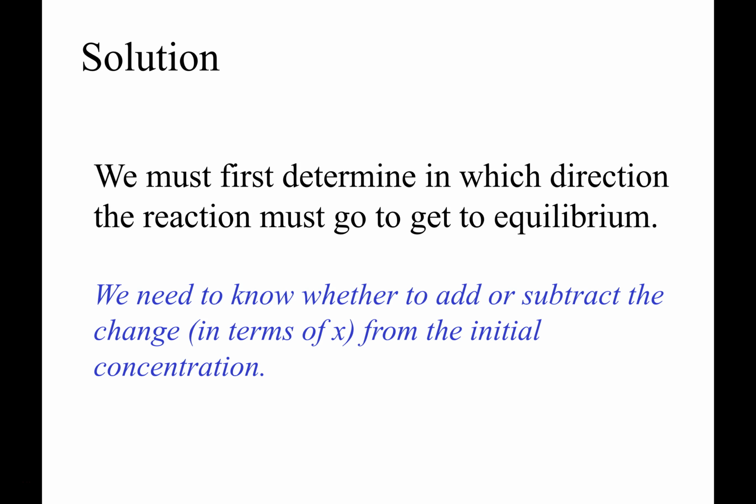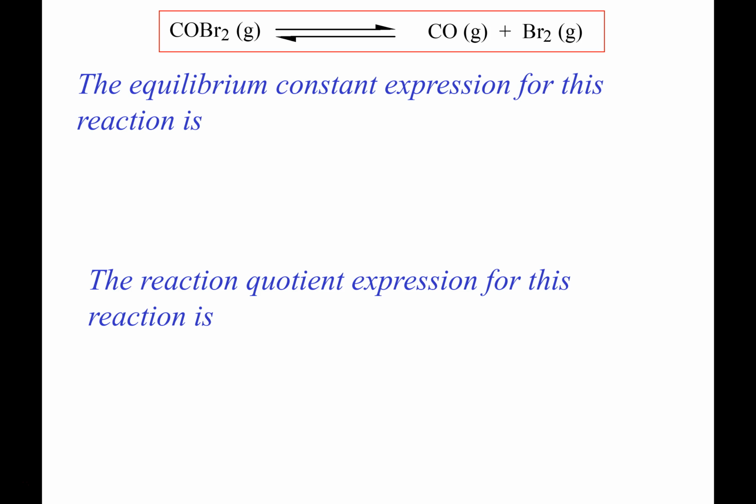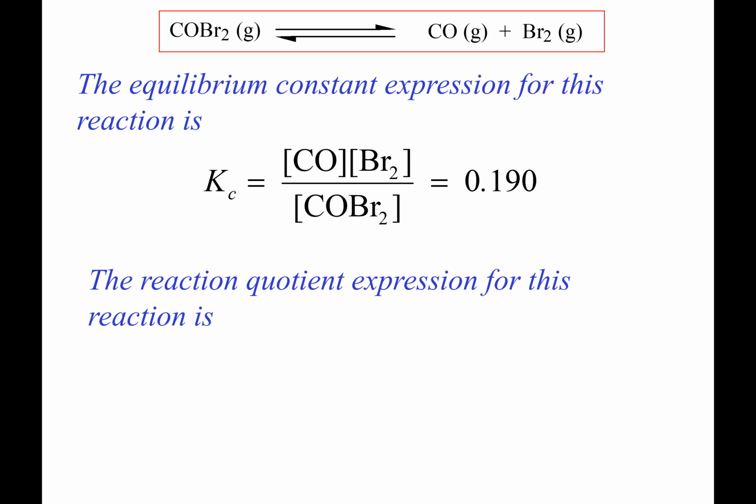In that case, your products are getting less and your reactants are getting larger. You gotta know that. So you could knock out the equilibrium constant expression. It would look like this. Everything's in the gaseous state. Remember, if it's a solid or liquid, it does not show up. If it's in aqueous solution, water doesn't show up.